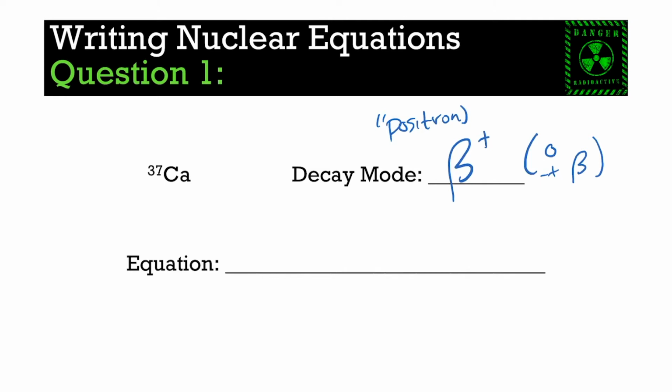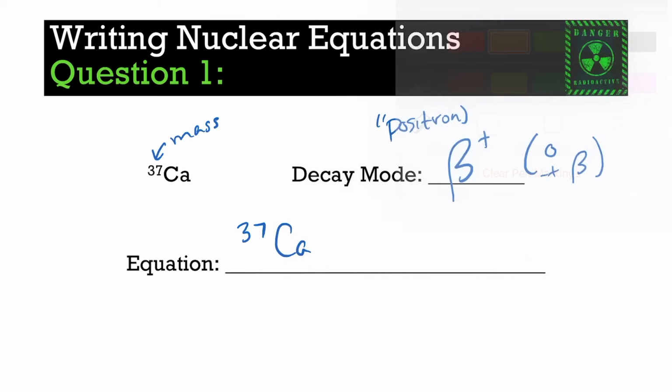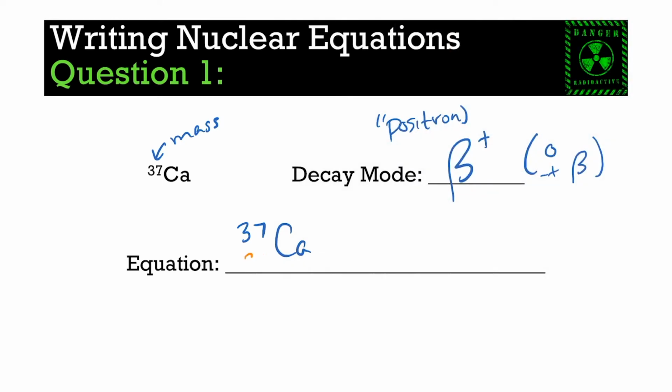Anyway, back to this. The top number is the atomic mass, and we're dealing with calcium. You have to look at the periodic table to see that its atomic number is 20. Remember, the atomic number is the number of protons. It is specific to every single element, so calcium is the only element that has the atomic number 20.